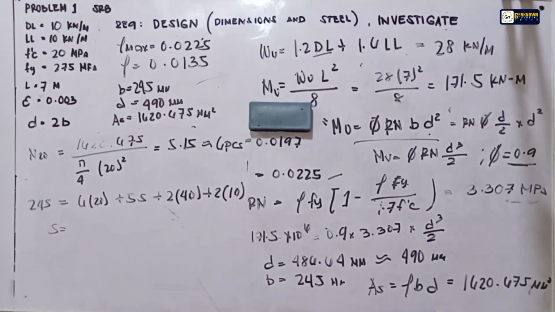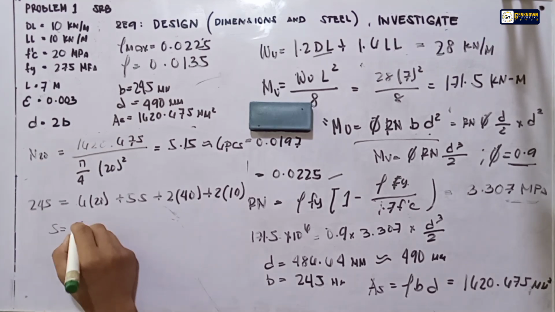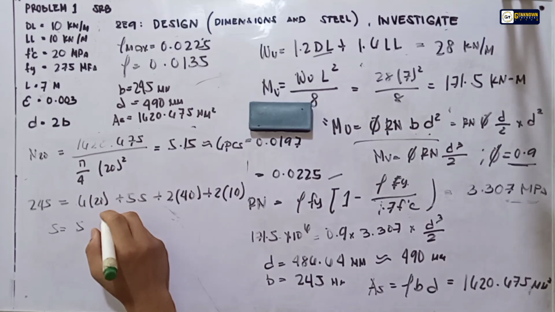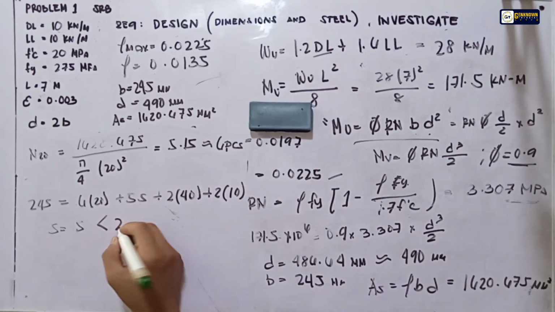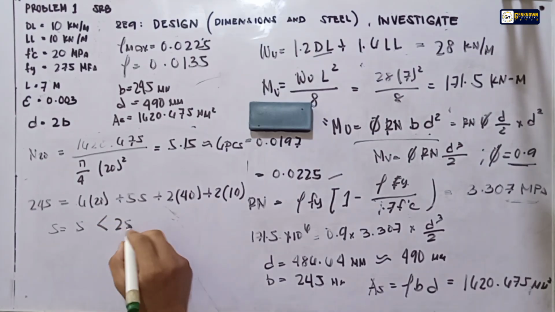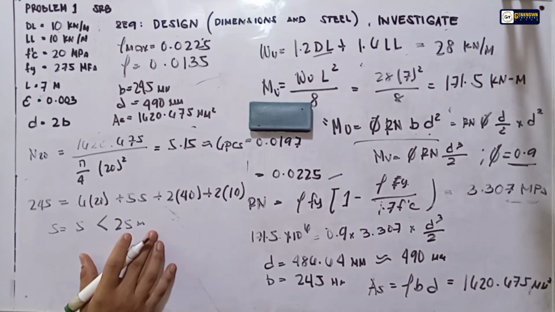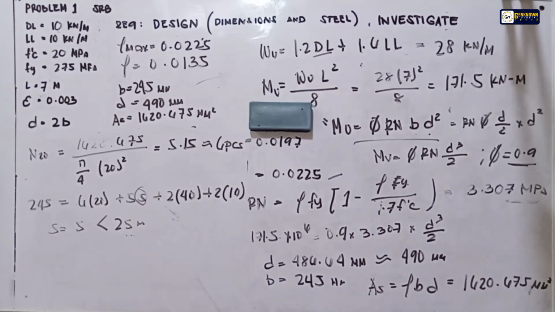So, 245 is equal to 6 na 20 plus 5 S plus 2. Ayan. So, 5 lang, which is clearly hindi pwede since ito ay less than sa 25 mm. Kailangan mas malaki yung spacing natin sa 25 mm.